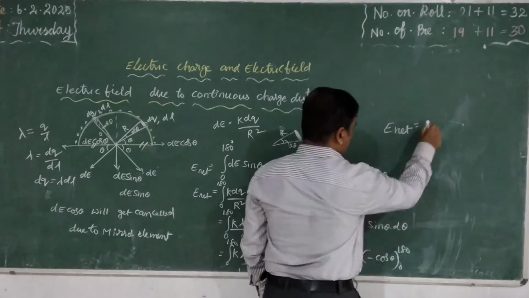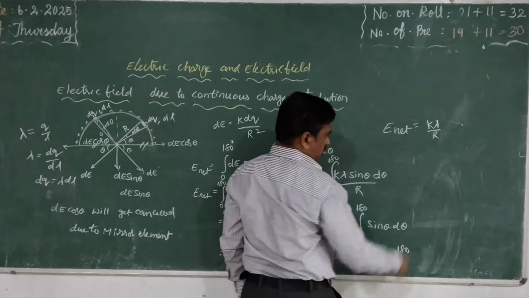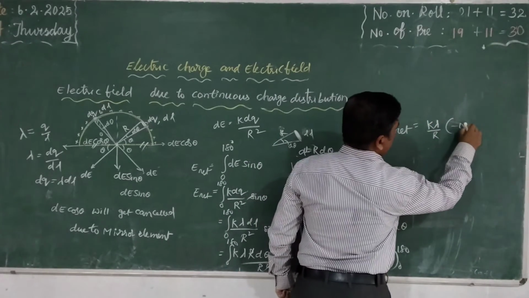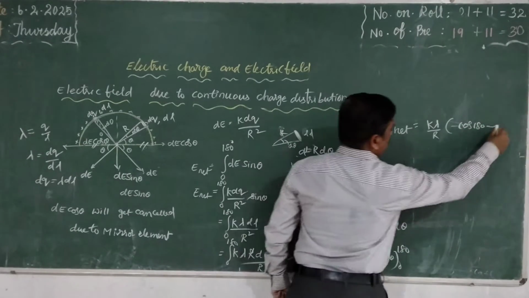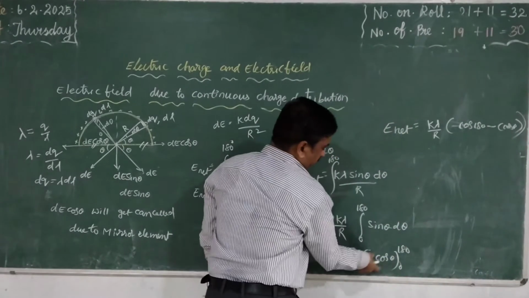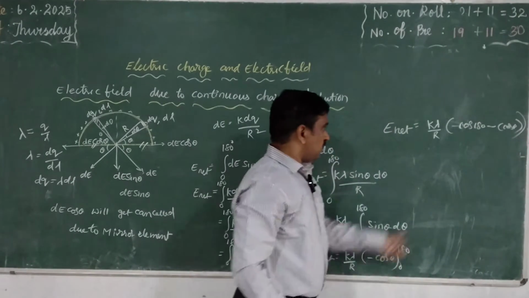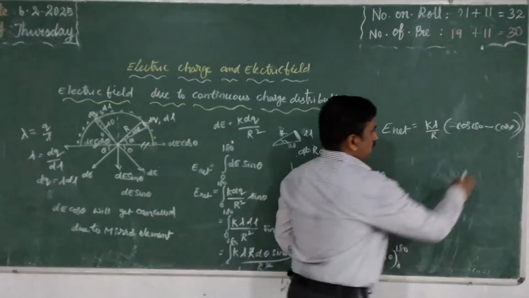E net equals k lambda by r times the upper limit minus the lower limit: minus cos 180 minus of minus cos 0.